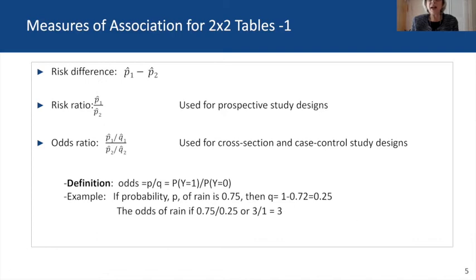And the odds of rain would be 0.75 divided by 0.25, which is 3 divided by 1, which is 3. So we would say the odds of raining are 3 to 1 on a particular day. And if we had 2 days that we were comparing, we could have an odds ratio.